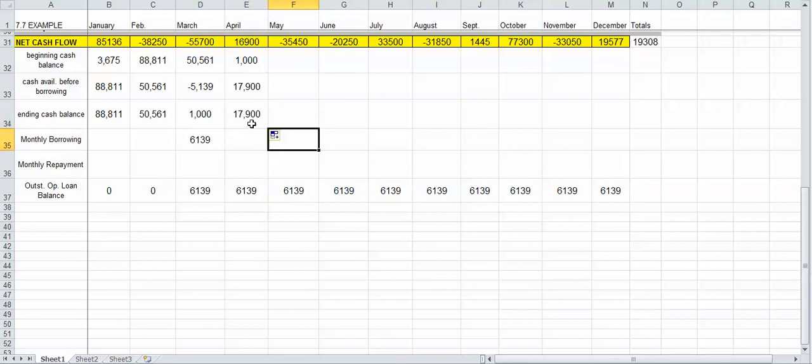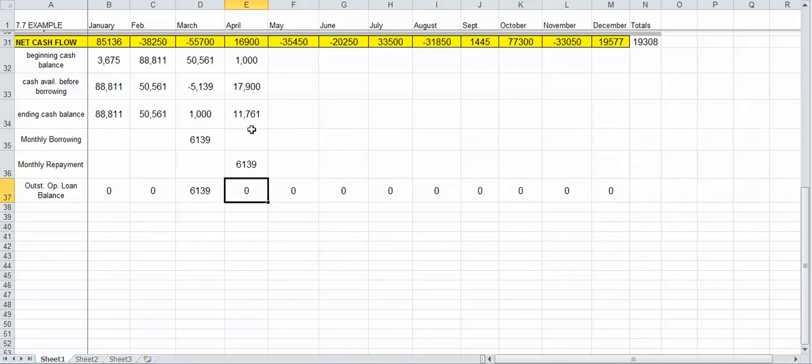And that will be our ending cash balance unless we decide to pay off this loan. If I come down here and pay off the loan, then I have an ending cash balance of $11,761. That comes out of our cash available before borrowing. We pay off the note, the rest is our ending cash balance.